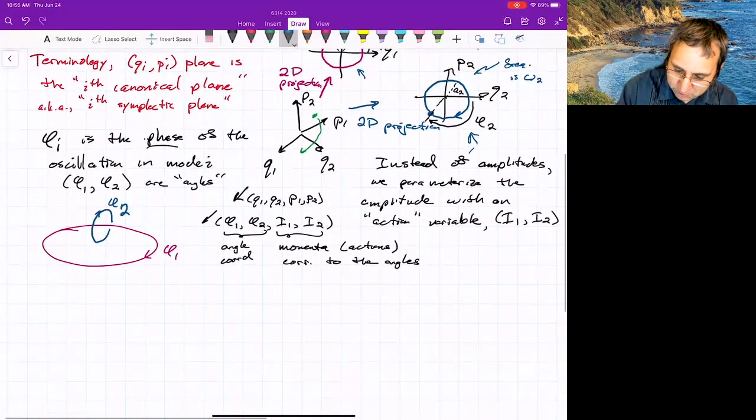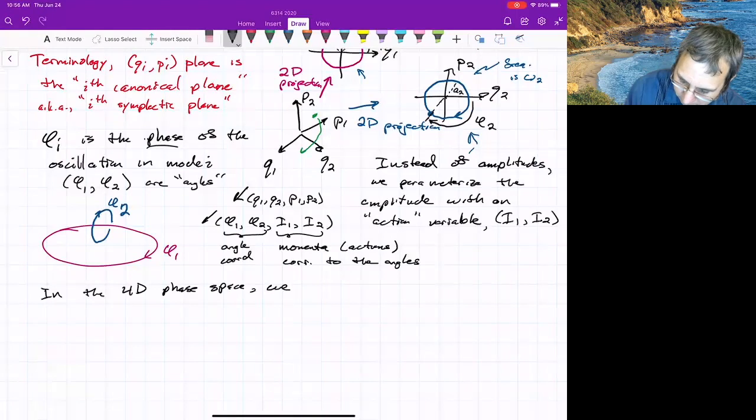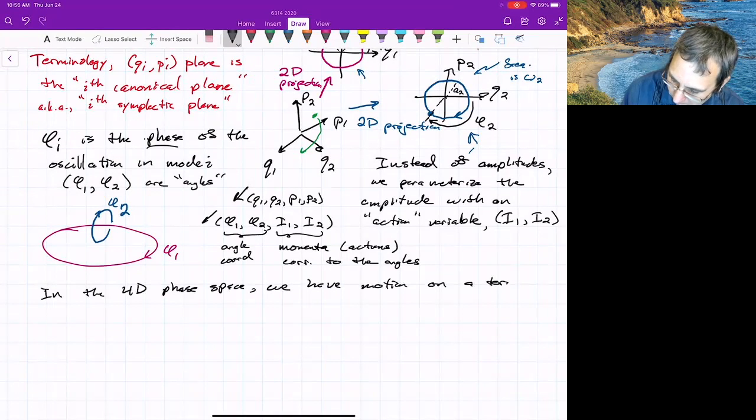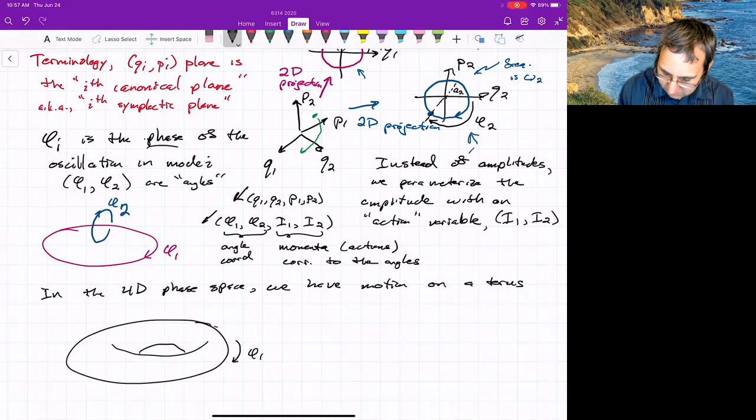So what we have in the 4-dimensional phase space is motion on a torus, where one of the directions corresponds to phi1, the other direction corresponds to phi2, and some general initial condition is going to be winding along these. It won't be as jagged and crazy as this, but hopefully you get the idea.